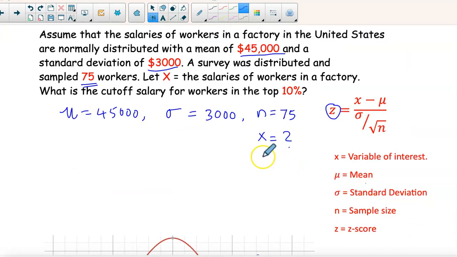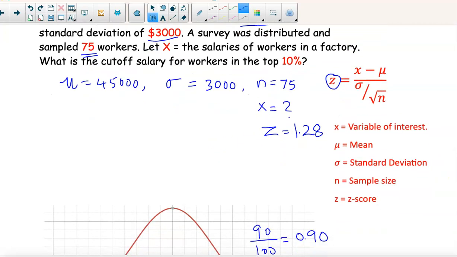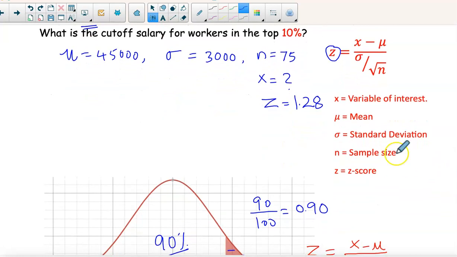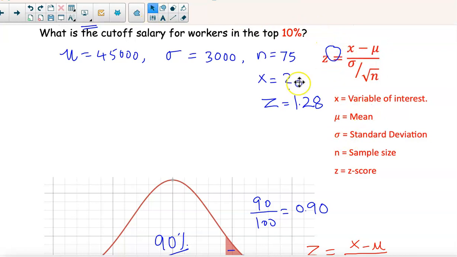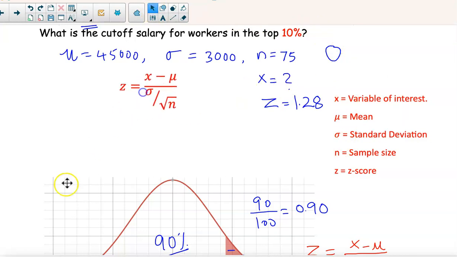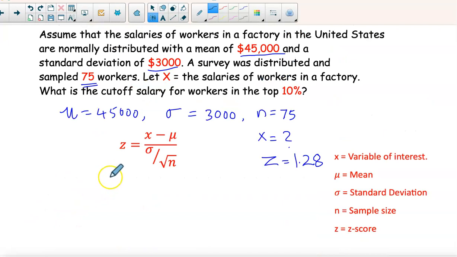So z is equal to 1.28. Now it's very simple. In step 1, you identified what is what and then got those values of everything within this formula. And now we are going to just substitute and simplify to get our value of x. What is x? You are going to find. So let me bring this formula here. We will substitute all the known values in this formula.